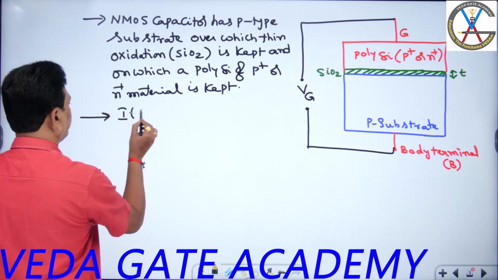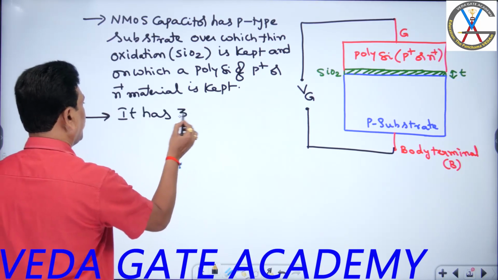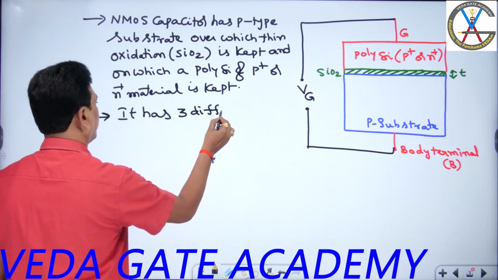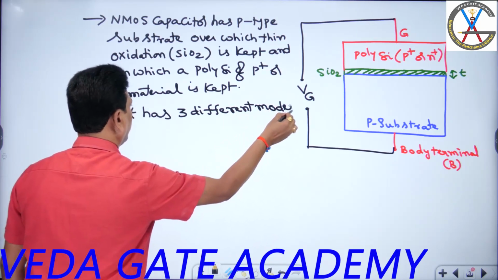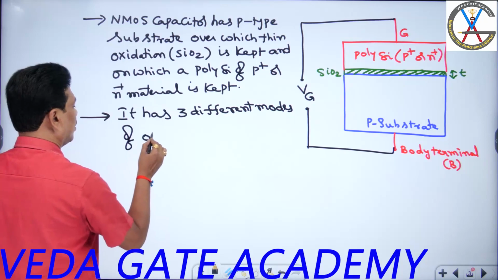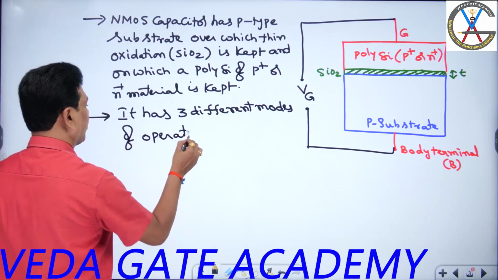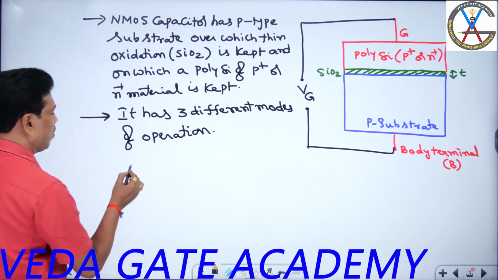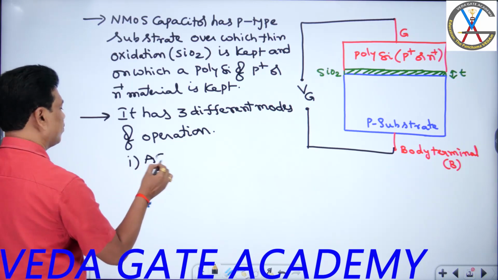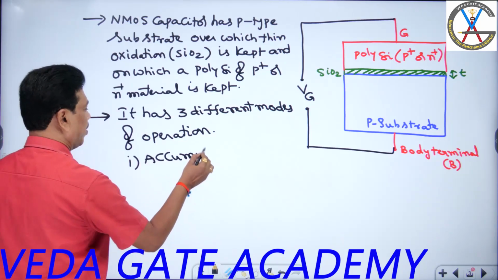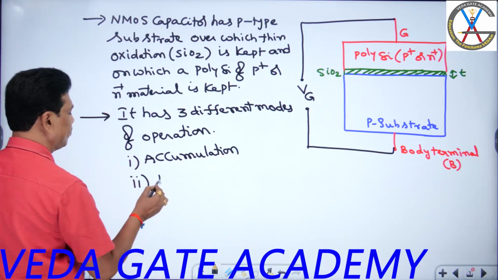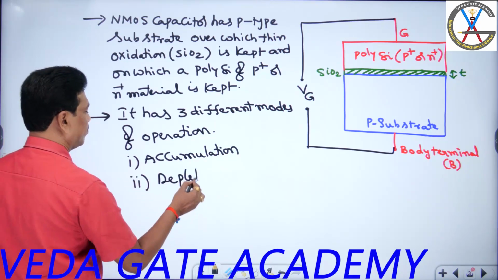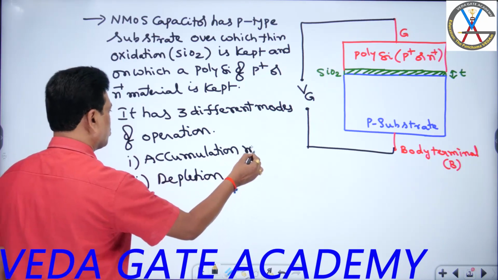What are the three different modes of operation, students? First one is accumulation.